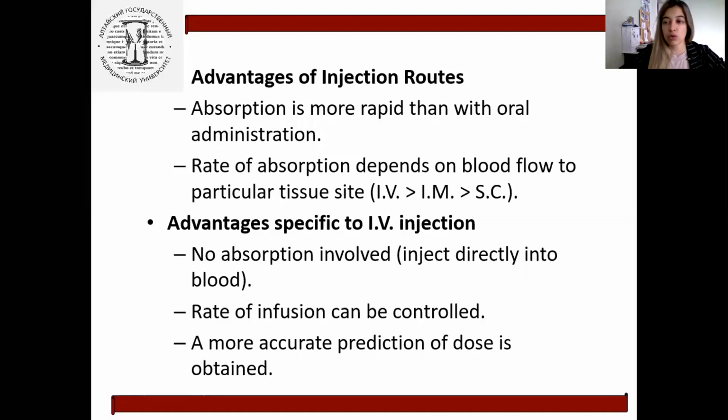If I give any other route of administration, I'm not sure how much was absorbed. Maybe it is not 20, maybe it's 19 or 18 or maybe even 10. So in only IV and also intra-arterial administration, we can be sure that the whole dose was reaching the bloodstream.